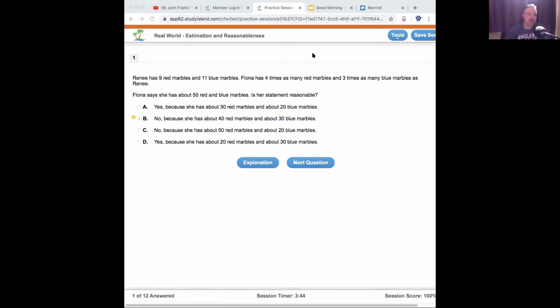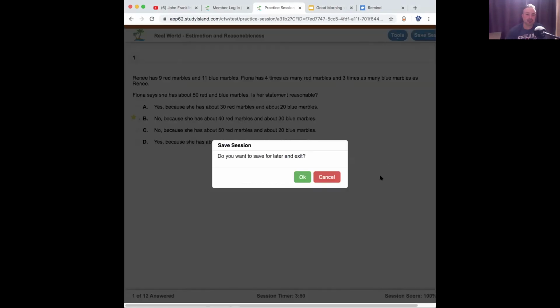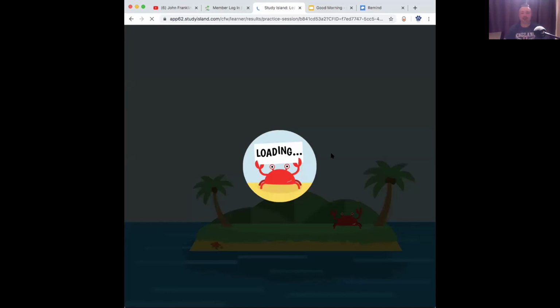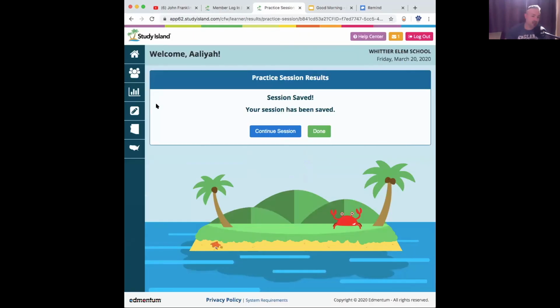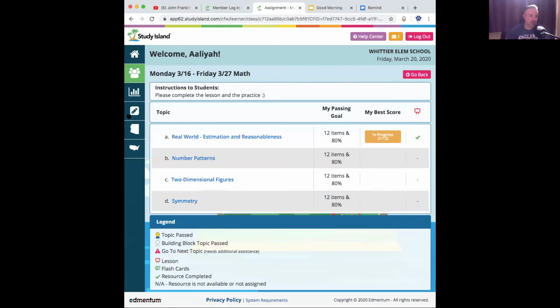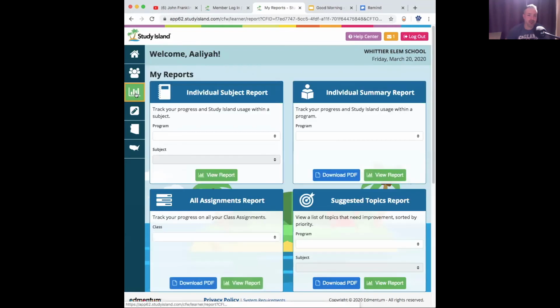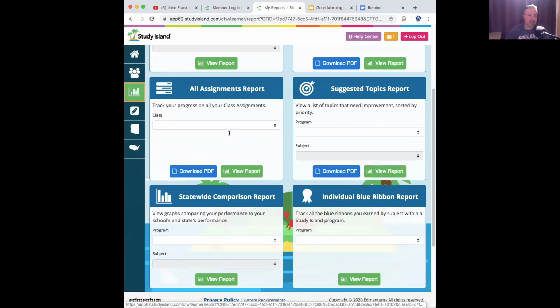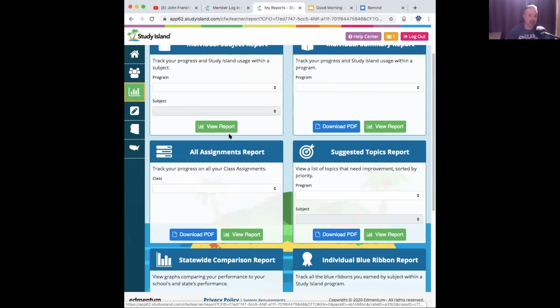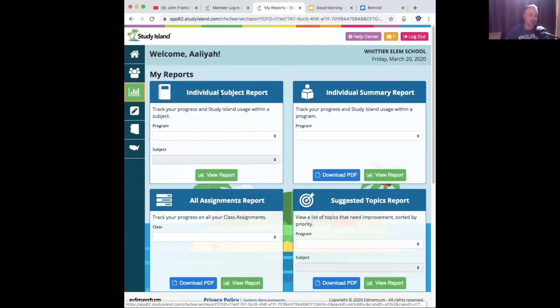All right, so that is how you navigate. I'm going to go ahead and save my session. Okay, that's how you navigate this. Some information for parents or for students, for that matter. If you go to reports, this is where you guys can take a look at some of the stuff that you've been doing, right? So individual subject report, individual summary report, program, class.